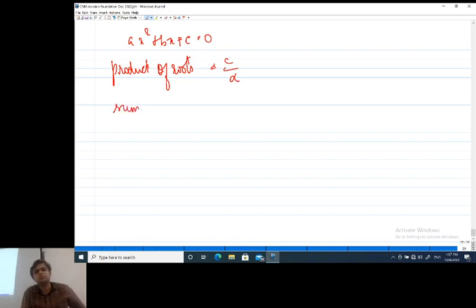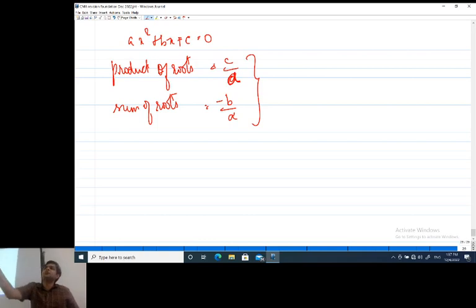The sum of roots is given by minus b by a. So in an equation, you can find these two even without finding the roots. Even for an unreal root equation, this can be found. You don't need to find the roots.